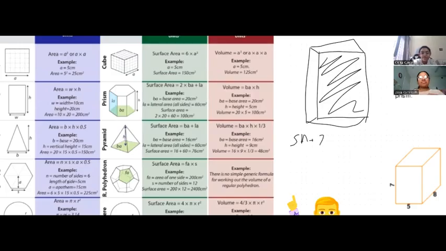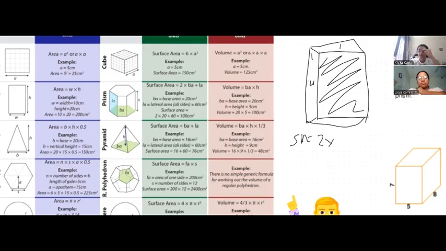Let's call it something that makes it simpler for you guys to understand. So let's call this our width, this our length, and this our height.